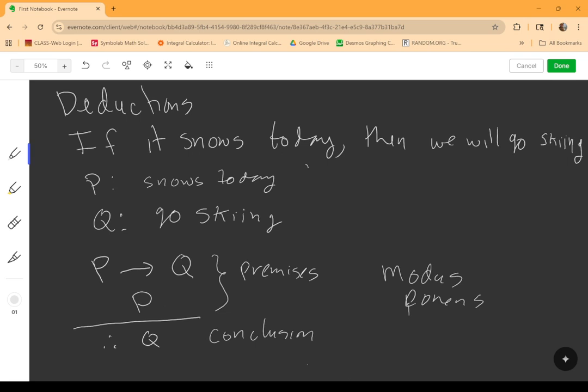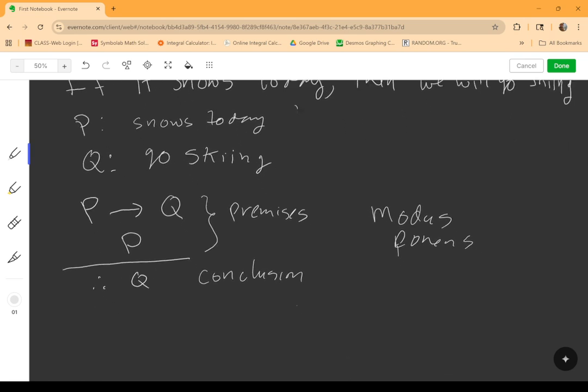Now, what's going to make this valid is going to be related to our truth table. So this is a deduction rule. We have a set of premises, and then at the end, these three dots signify therefore Q, the conclusion. So what is going to make this a valid argument or a valid rule is that the conclusion is true given the premises are true.